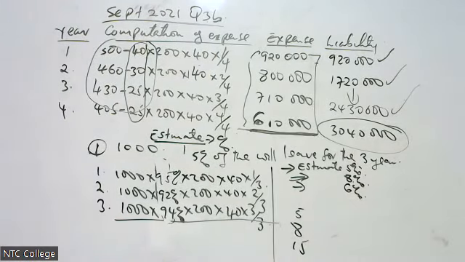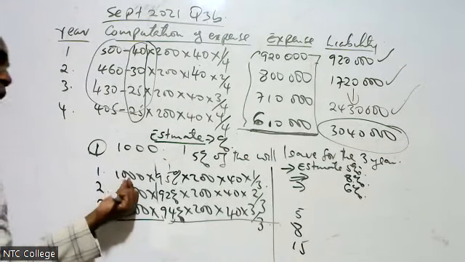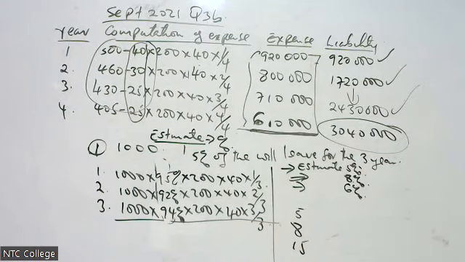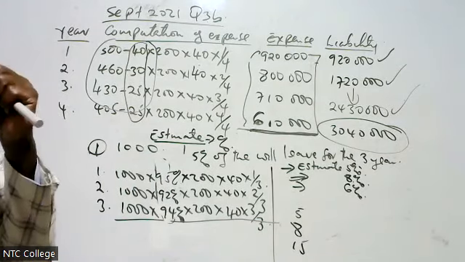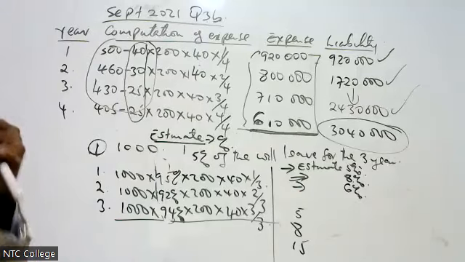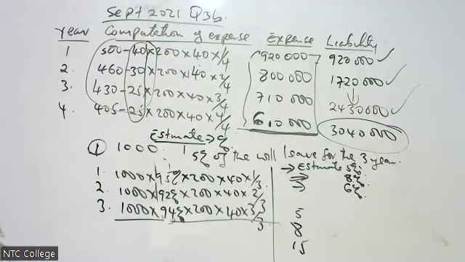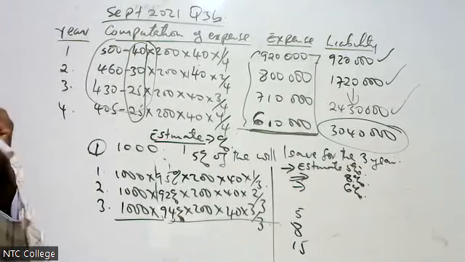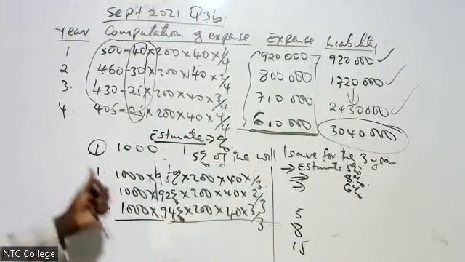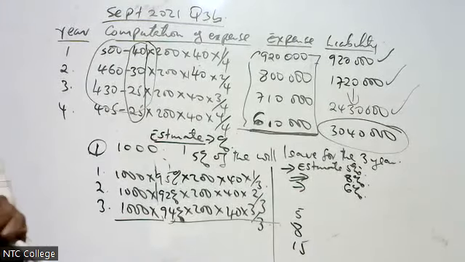Listen very carefully. For example, I'm in year one. The examiner tells me that we estimate that 5% of employees left the company. When we come to year two, the examiner tells us that the estimate was revised to 8%.